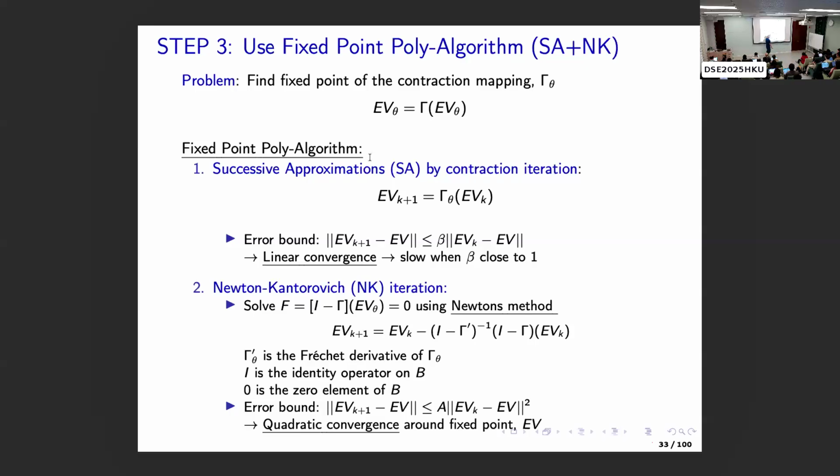Okay, so we'll try and solve this using Newton's method. That's the Newton-Kantorovich iteration. So here you've got the derivative of the Bellman operator, and this is just pure Newton, right? This is the function that we're trying to find zeros of, and this is the derivative of the function. And Newton is quadratic convergent.